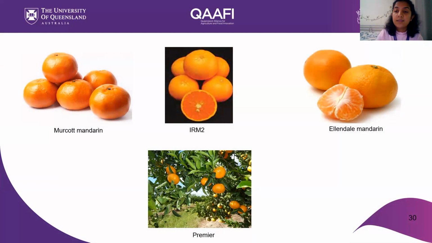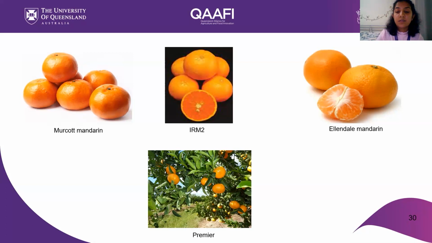Allendale is an old Queensland variety, which is no longer commercially grown in Australia, but it has been an important variety in Bundaberg breeding programs because of its monoembryonic seed type, large size, and high Brix levels.